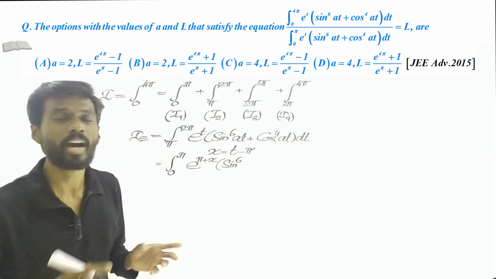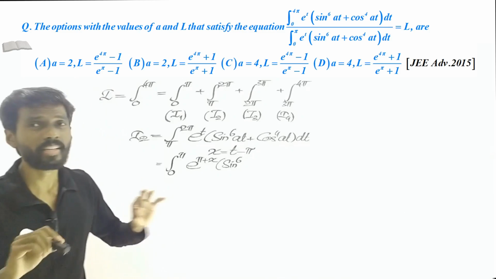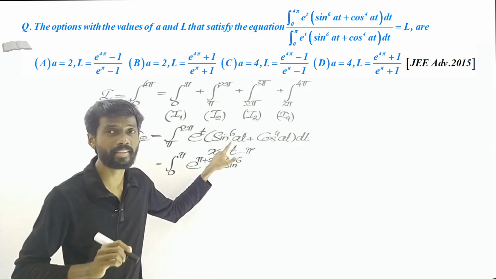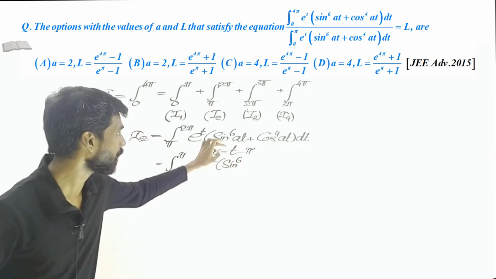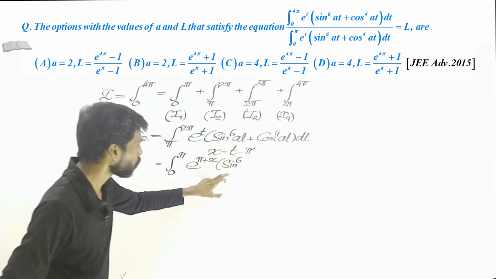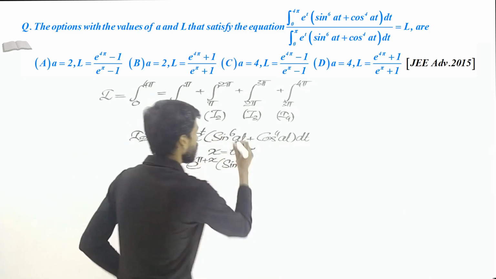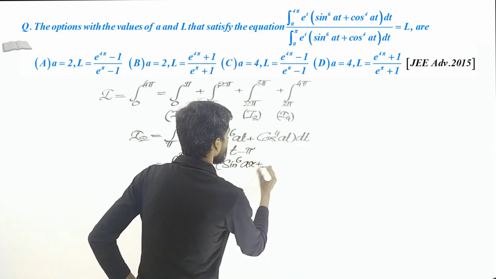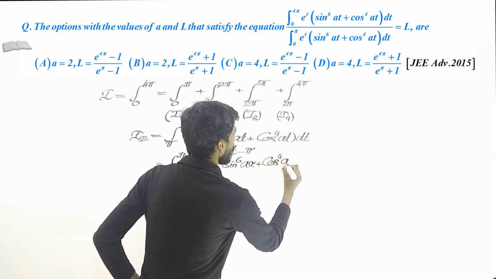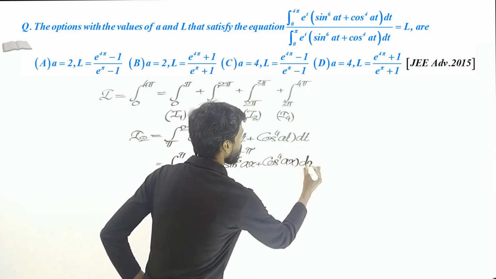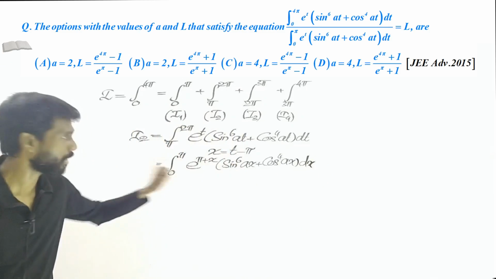So pi plus, 2 pi plus, 3 pi plus, anything doesn't matter, as long as a is an integer. If a is an integer, it will give you the same value. So sine to the power 6 of ax directly. Similarly here also, even power: cos to the power 4 of ax, and dt is same as dx.